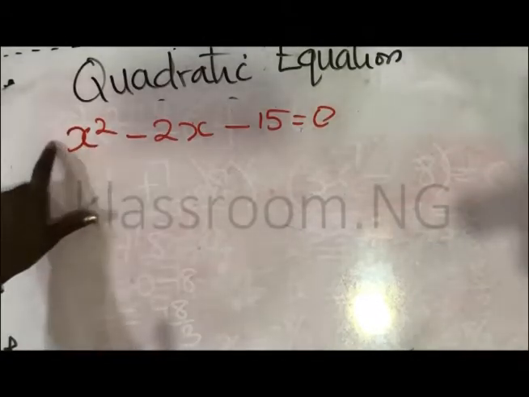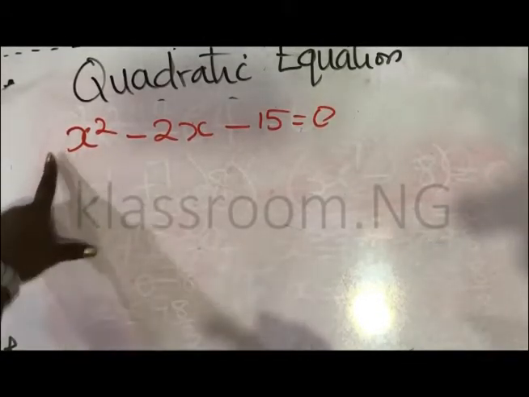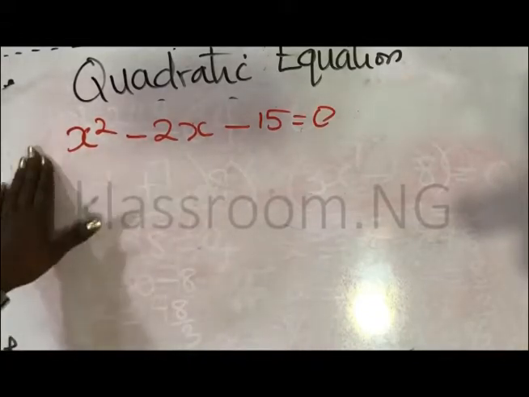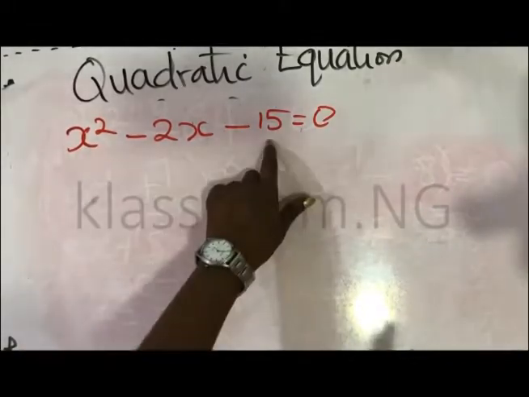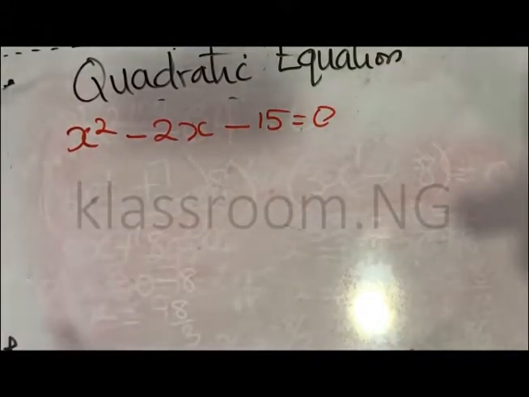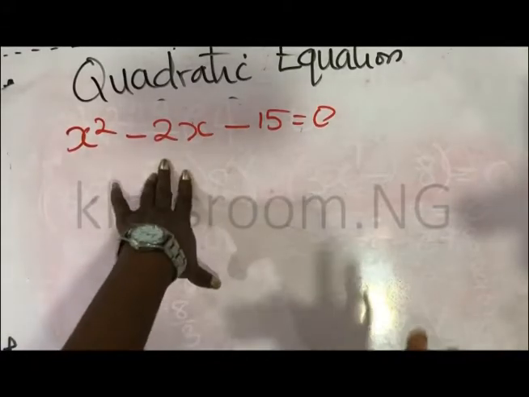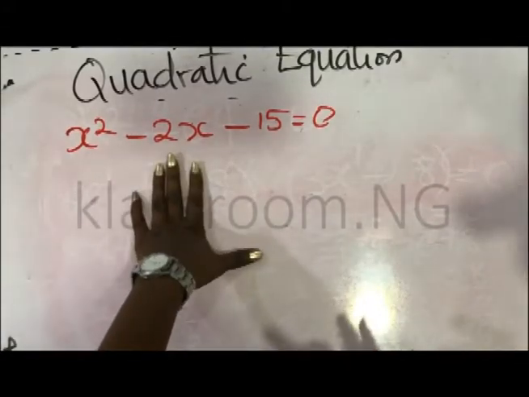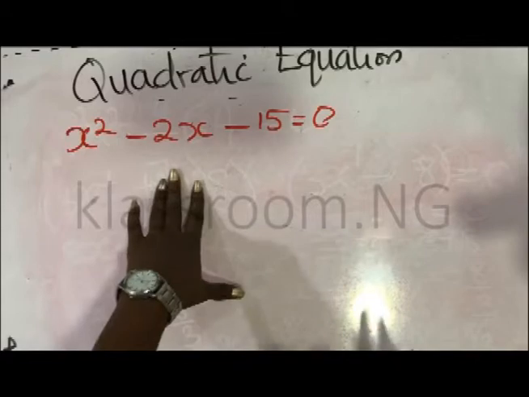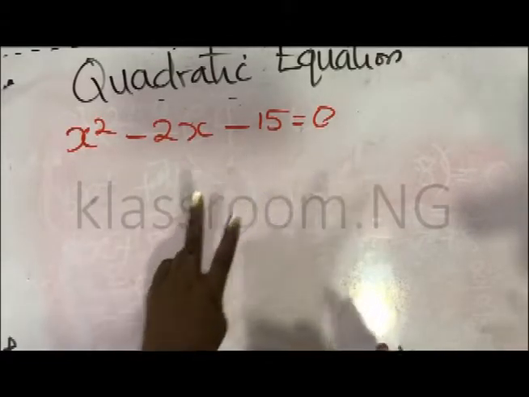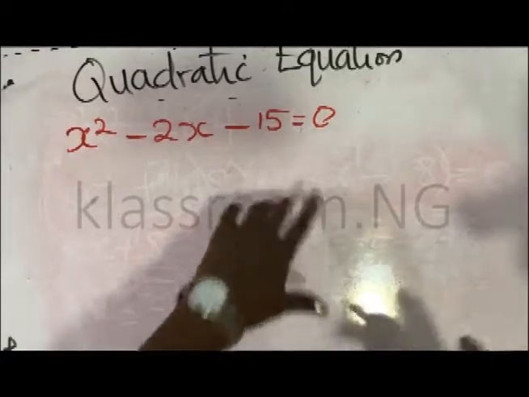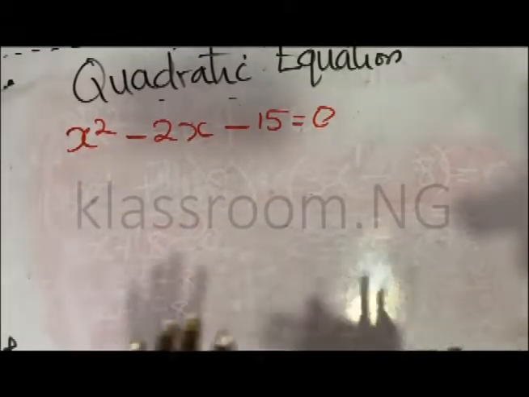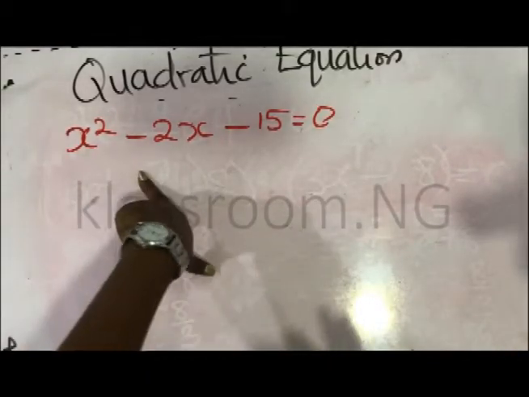Now, we have x raised to power 2. Now, the coefficient of x raised to power 2 is 1, but it's invisible, so you won't say it. So we have 1 times 15, okay? Now, we're going to look at the number in the middle. We have 2x. This is what we're going to consider. We're going to pick two numbers that when we multiply them, it will give us minus 15, and when we add them, it will give us minus 2.